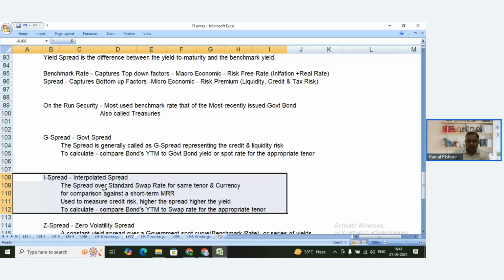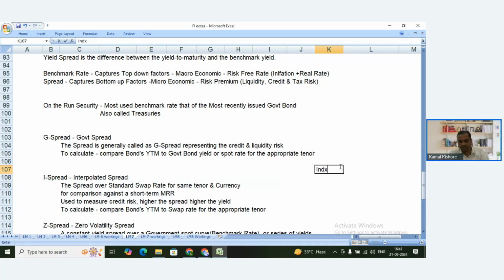It is used to measure credit risk. Higher the spread, higher the yield. So let's say you have this index rate, or the swap rate, for the same tenor and same currency. Let's say it is 9%. The Reliance bond YTM is, let's say, 10%, and you have some random company ABC bond at 15%.